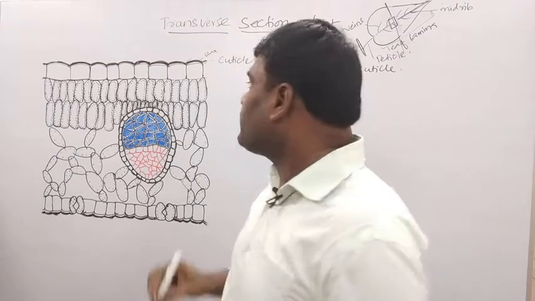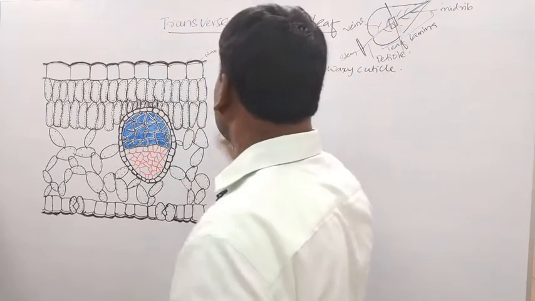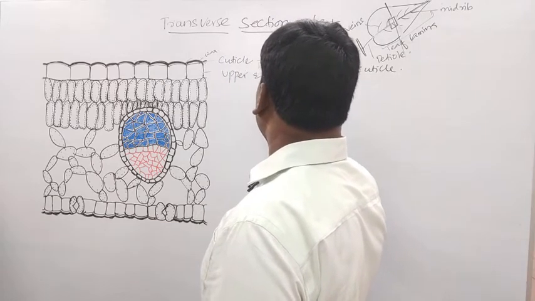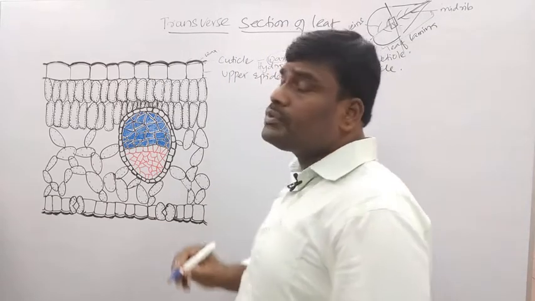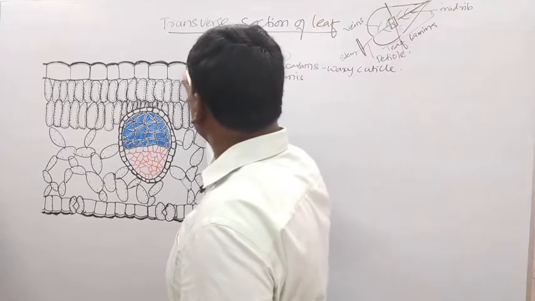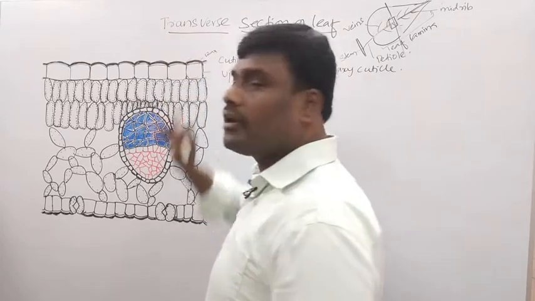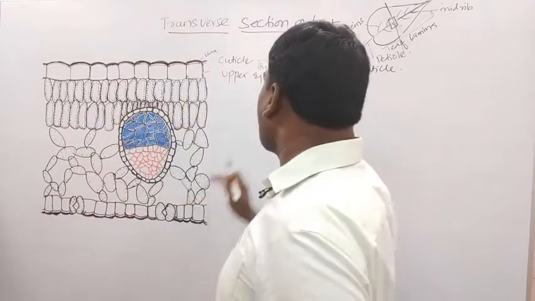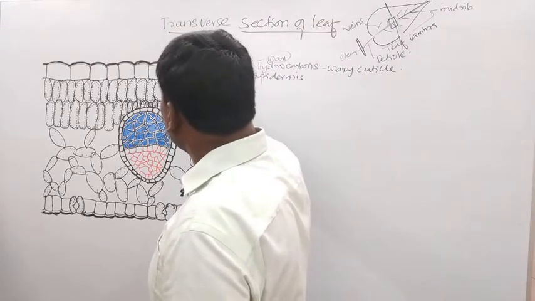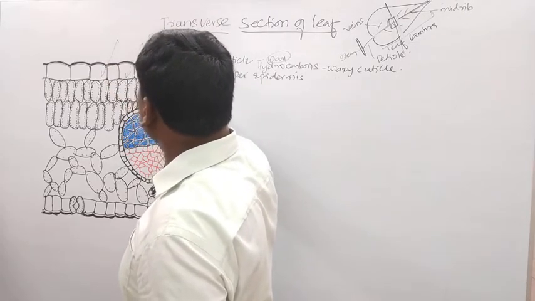Okay, and the next layer just beneath this cuticle, we call it the upper epidermis. What is the use of this upper epidermis? This upper epidermis is made of rectangular cells which are very closely packed, children, and its use is that it helps to absorb the sunlight.